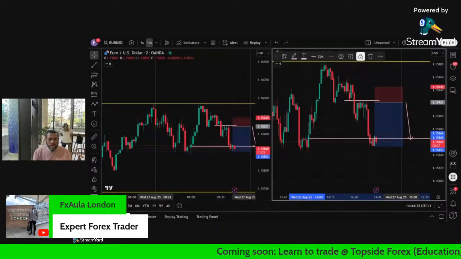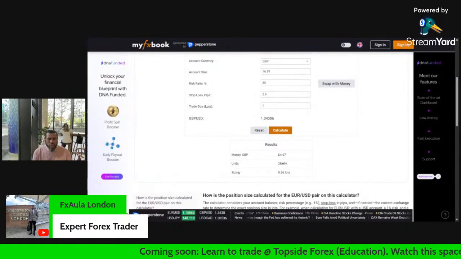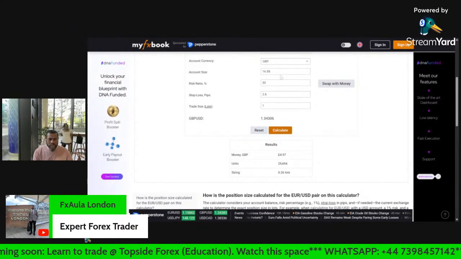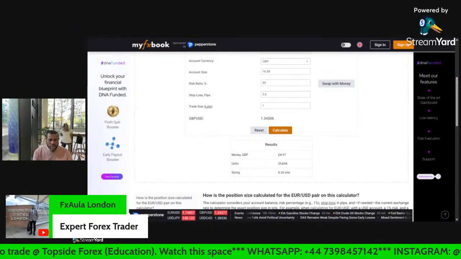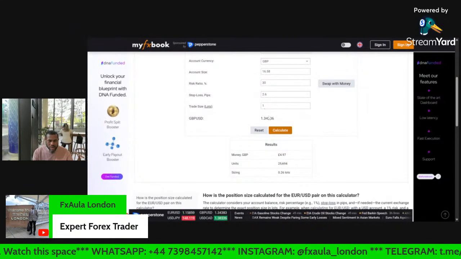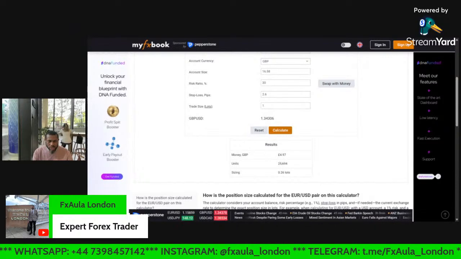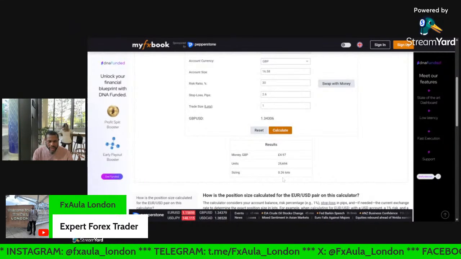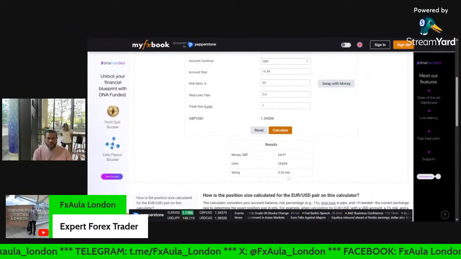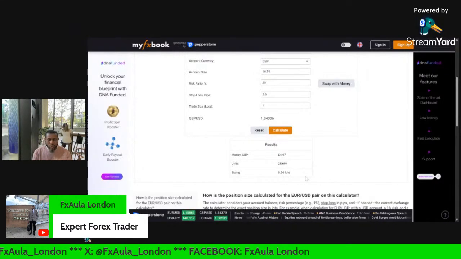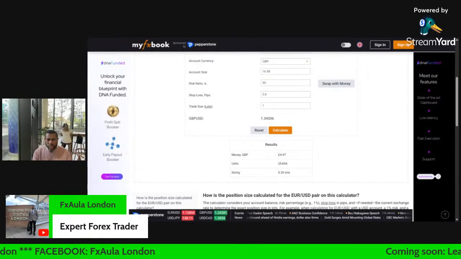I'll show this. Let me share this. So this is my calculator. This is my account size, 16 pounds. I reached 30%. My stop loss was 2.6 pips, and so I was going to be risking £4.97. My lot size was supposed to be 0.26. However, because it's such a huge lot size, it wouldn't allow me to open that.